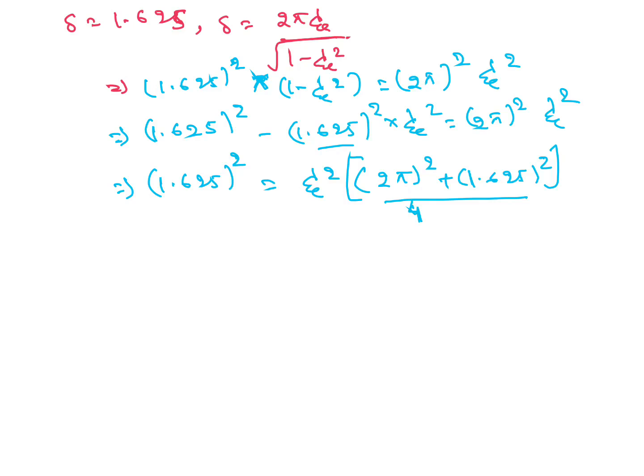So zeta square is 1.625 square divided by 42.